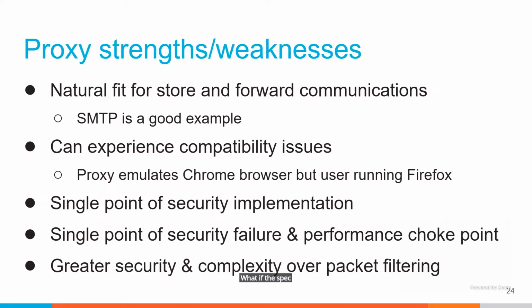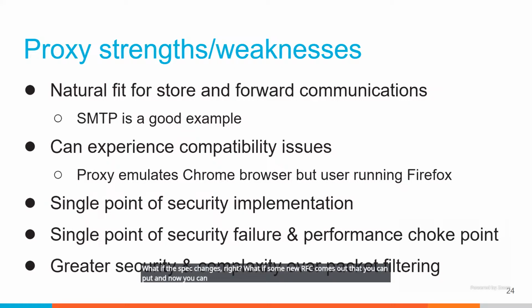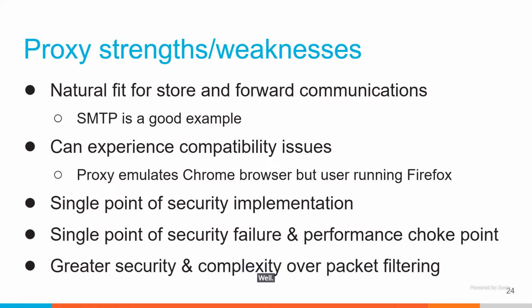What if some new RFC comes out that you can put, and now you can punt, right? So punt is a new HTTP command that we can go through and use. Well, if my proxy doesn't understand what punt means, it isn't going to let that through. So you're more likely to kind of break things if protocol changes take place and the proxy vendor doesn't keep up. So it's a little bit of a balancing act.